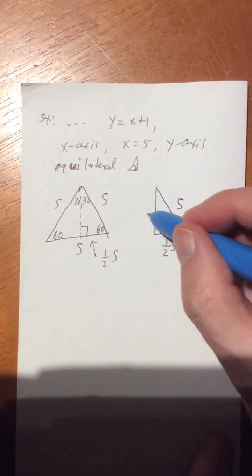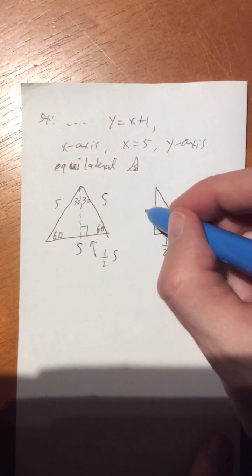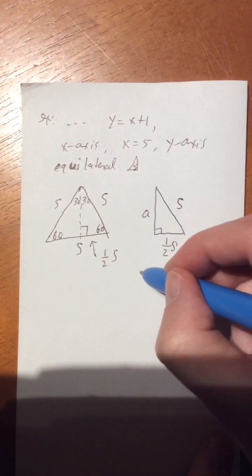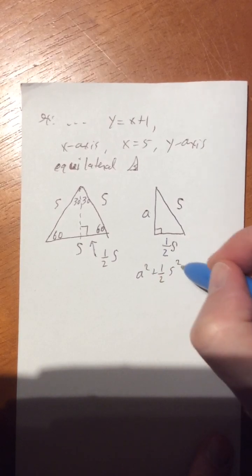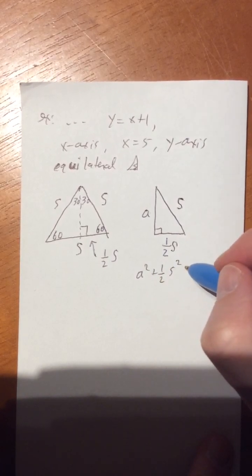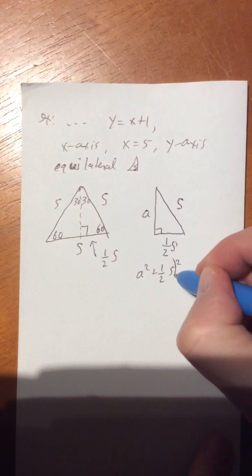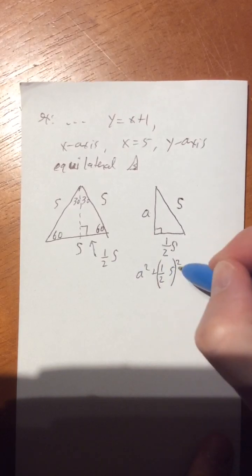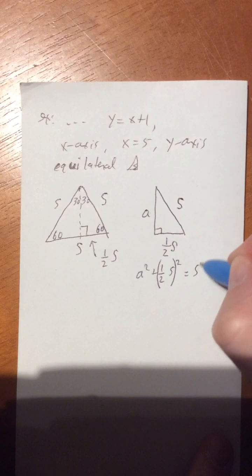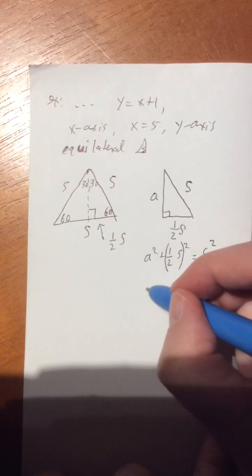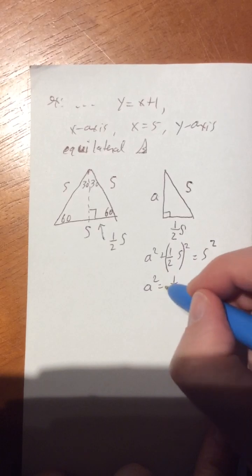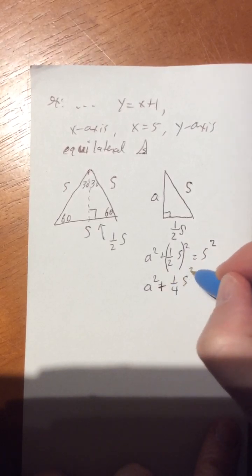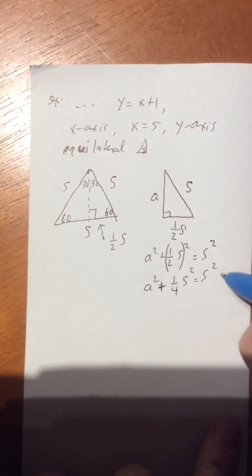Okay, so we just need to figure this thing out right here, and this is going to be A for altitude. So we got A squared plus 1/2 S squared, 1/2 of S squared equals S squared. So A squared plus 1/4 S squared equals S squared.